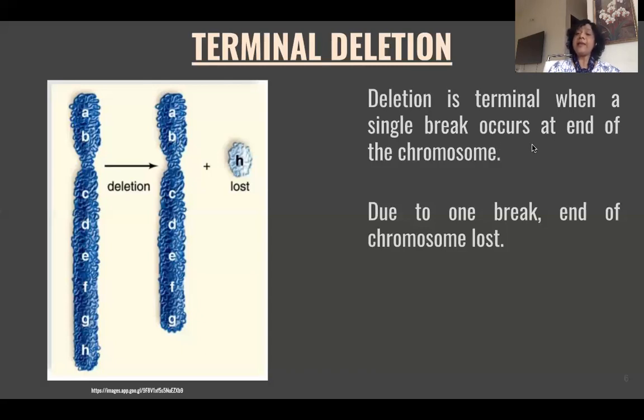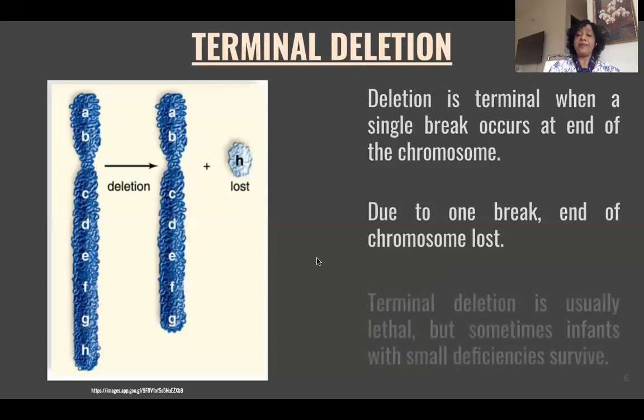So when a single break occurs at the end of the chromosome, then what happens? Due to one break, the terminal end of the chromosome is lost. And this is called terminal deletion.